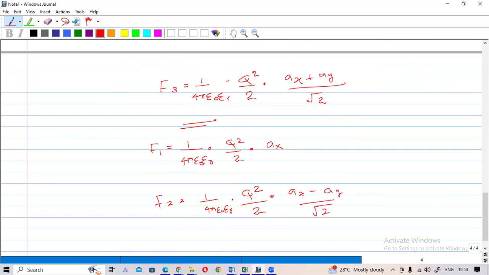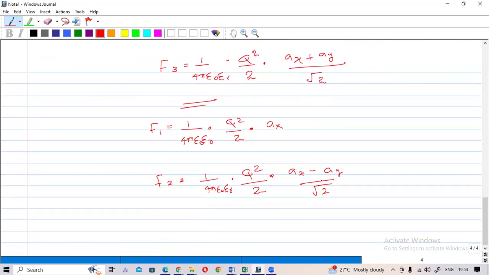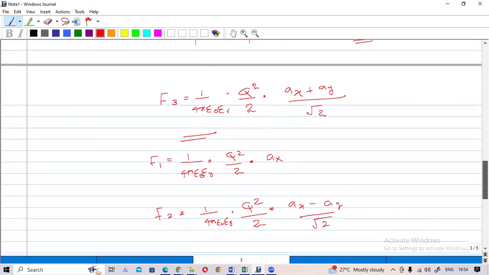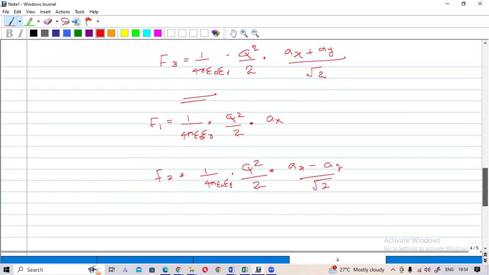Then how to find the total vector? So you have F1 in this direction, F2 in this direction.